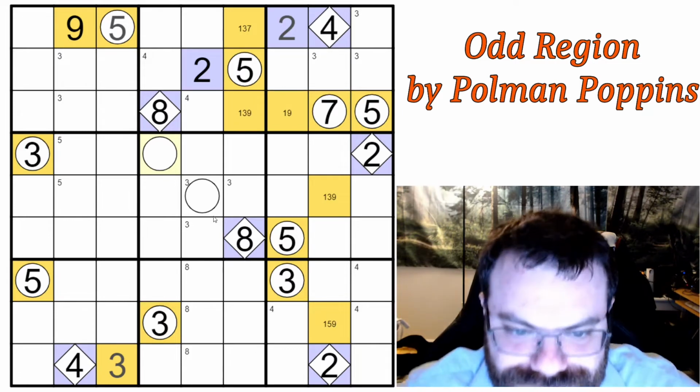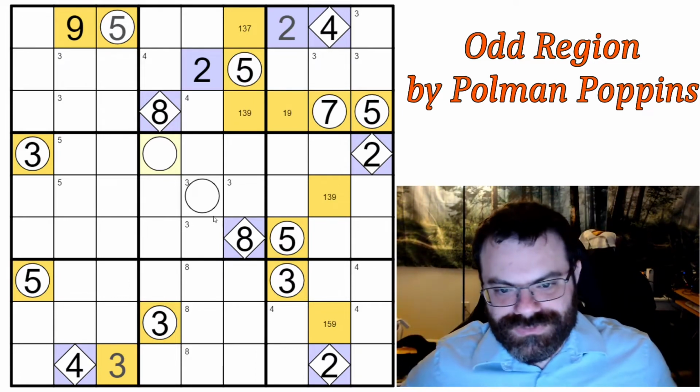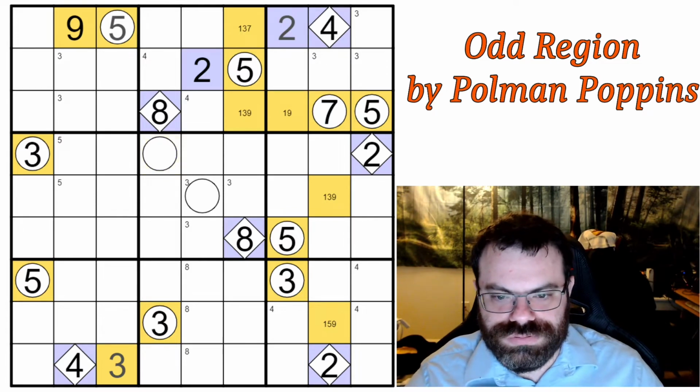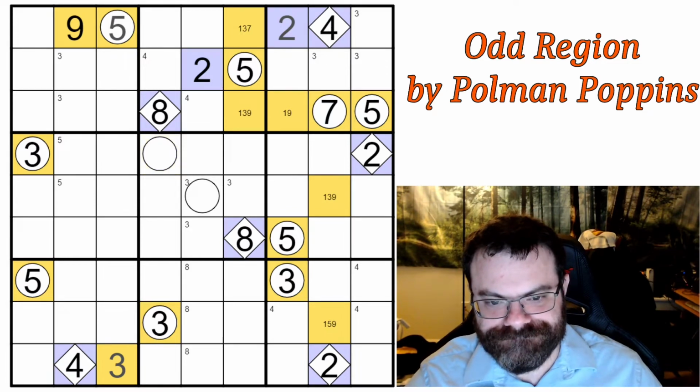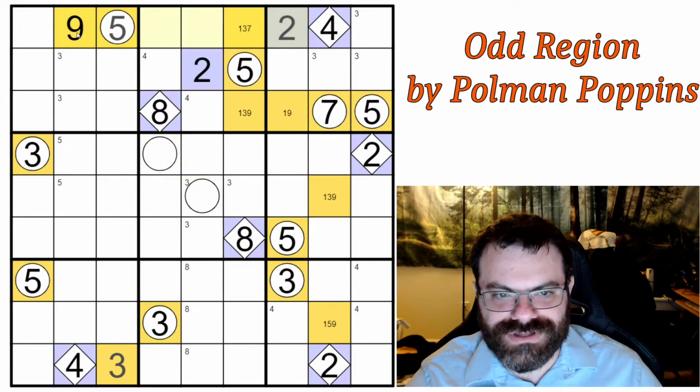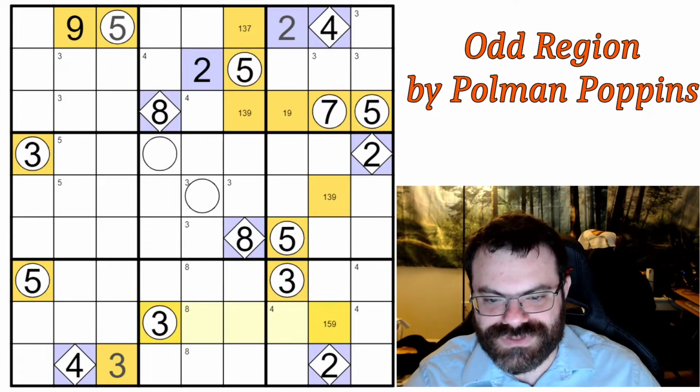There's no reason they couldn't be. I haven't even proven that the odds have to pass through this center. Because if this 5 comes all the way across, then it could be the bridge between the left and right half. Or we could just bridge the left and right half this way.